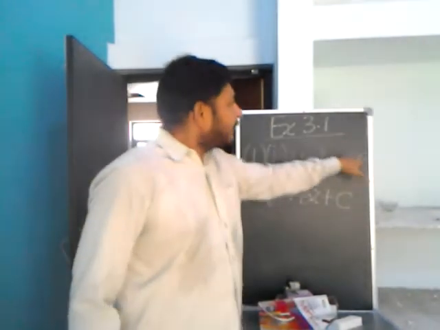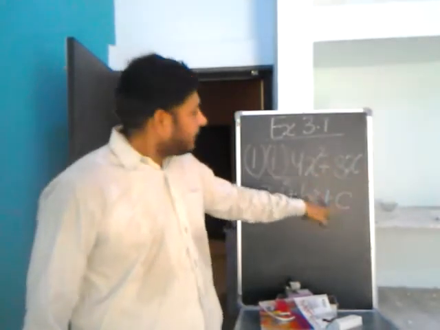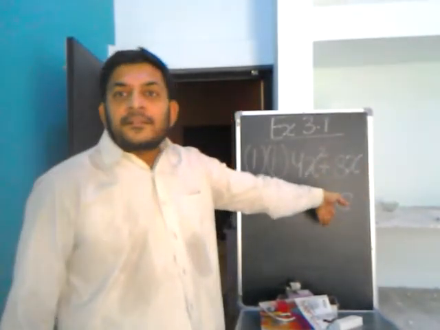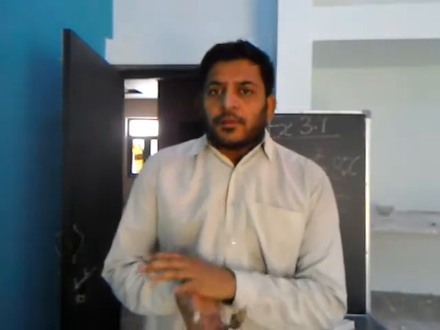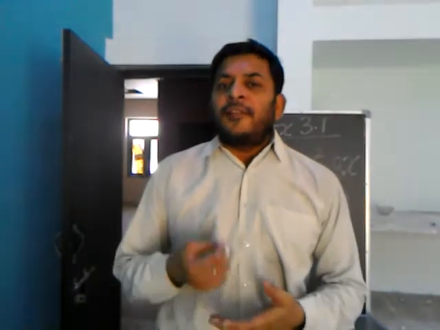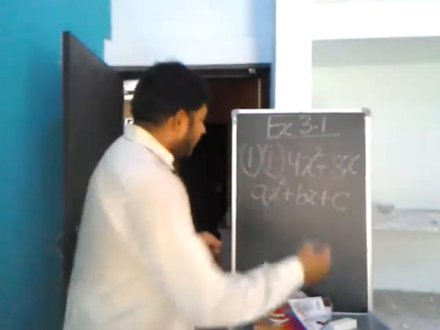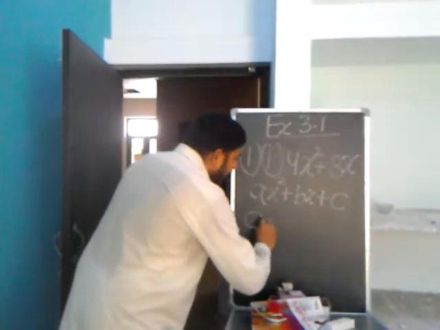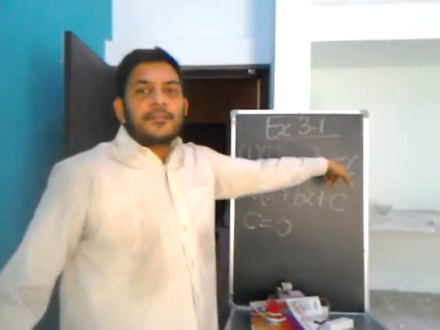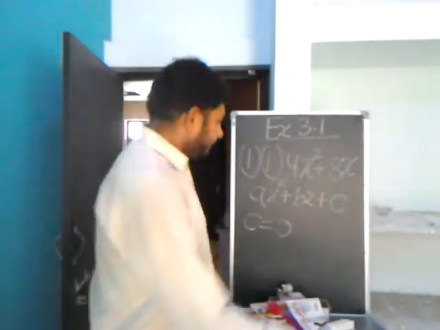Here in this question this c is missing, so we will assume that c is equal to 0 for this given polynomial.